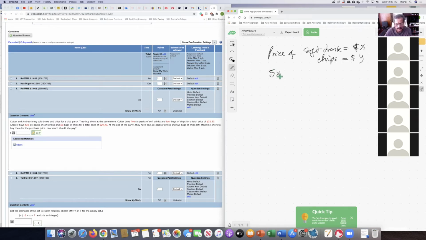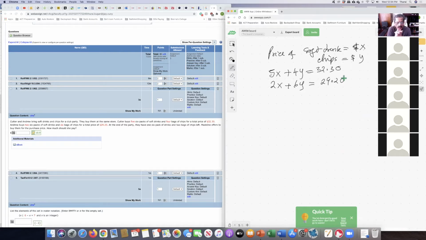Each 6-pack costs you X dollars. He's buying 5 6-packs, so 5X. 4 bags of chips will be 4Y. That's the total cost of the first purchase, equal to 32.30. Okay, are you with me so far? Yes, I am. Second purchase cost $29.20, and that was for 2 packs of soft drinks. So 2X is the cost of that, plus 6 bags of chips will be 6Y, equal to $29.20. That's your equation. Got it?